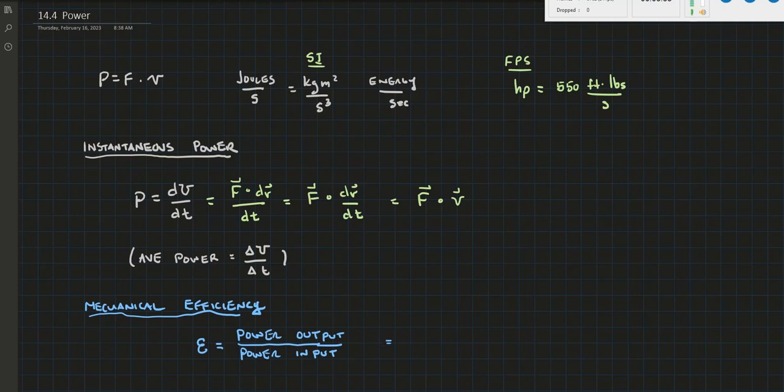Which is the same thing as energy out divided by energy in, so long as the time period that we're looking at is the same. Very weird way to spell the word energy there.